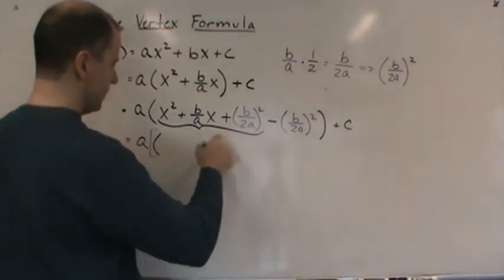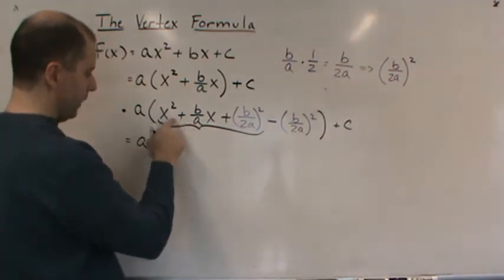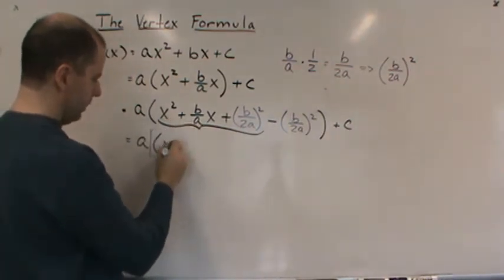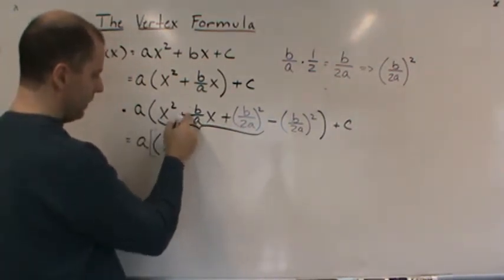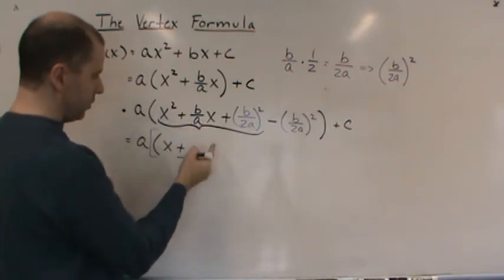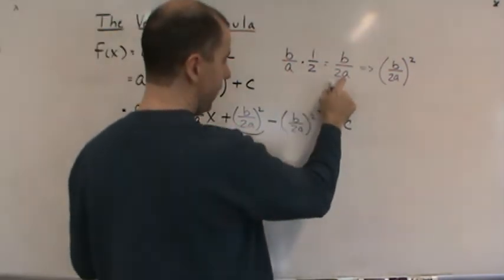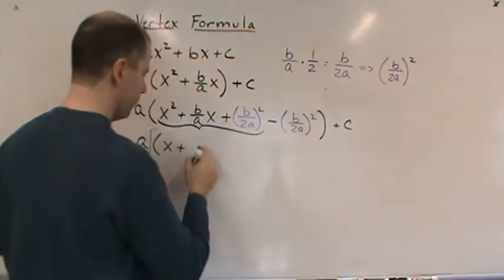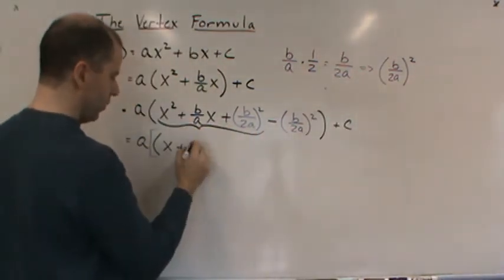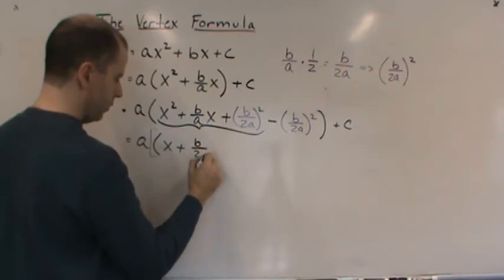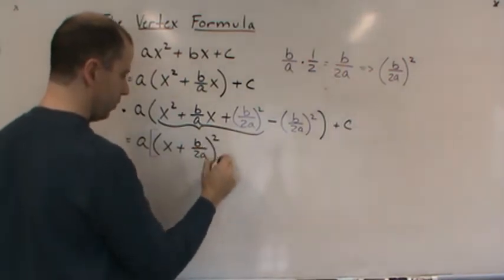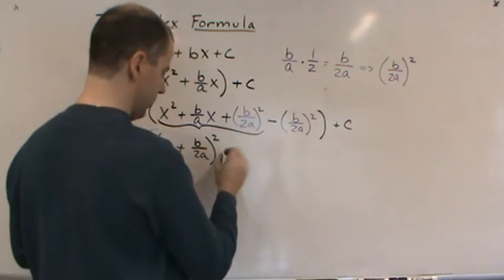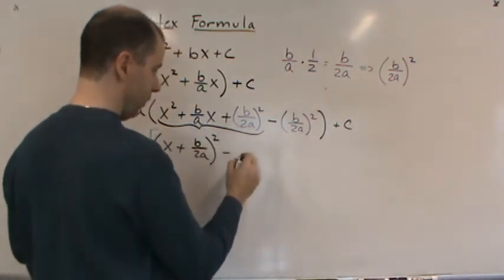This piece now becomes x plus this coefficient divided by 2, which is b over 2a, quantity squared, and then I'm going to have this piece minus what?